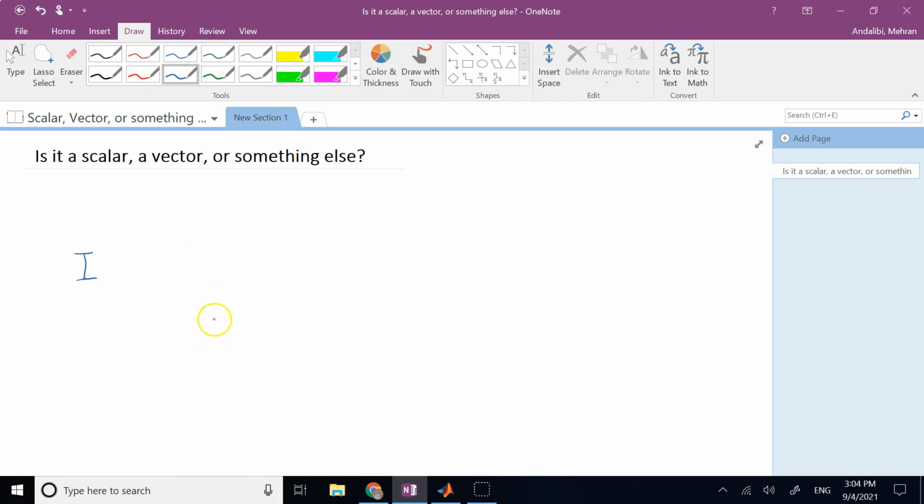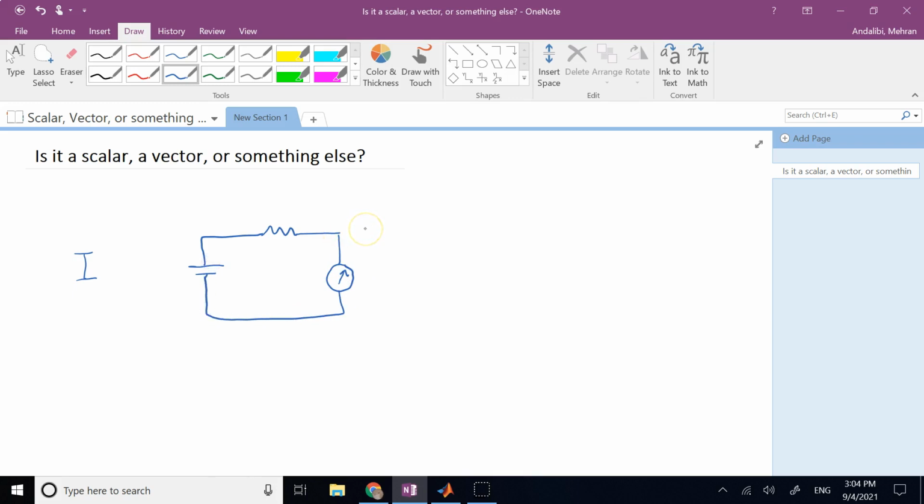If I have an electric circuit, let's say a simple DC electric circuit with a battery, with a resistor, and let's say, for example, with an ammeter, and that's it.